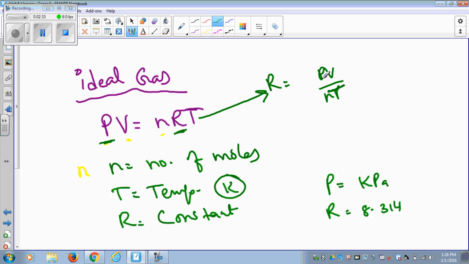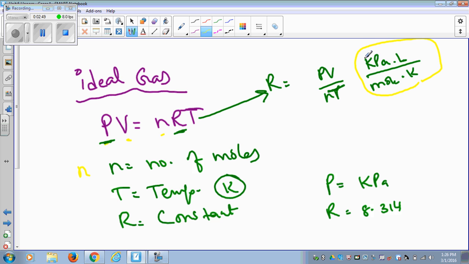So the unit for R, assuming pressure is in kPa, is kPa times liters over moles and Kelvin.